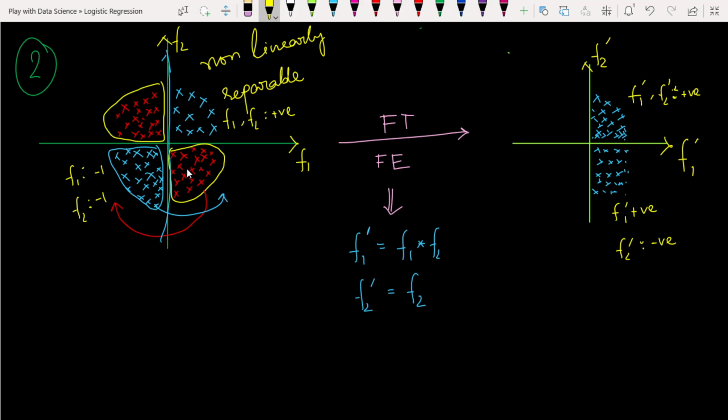Okay, now come to this concept. Here in these directions our F1 is negative and F2 is positive.